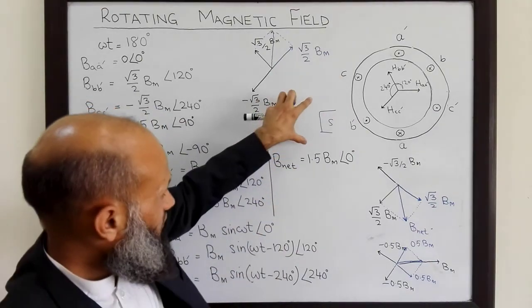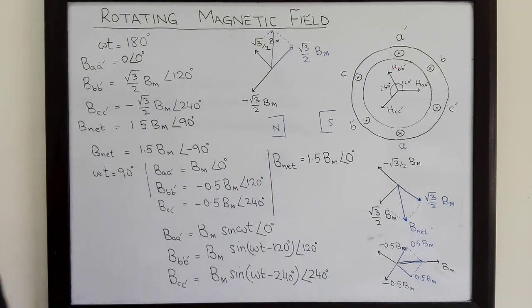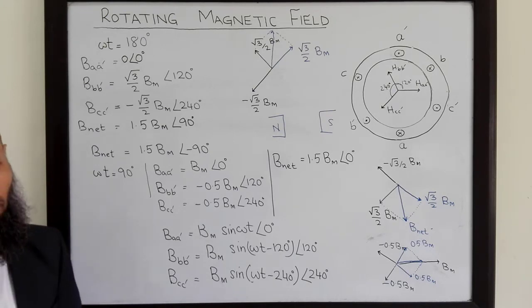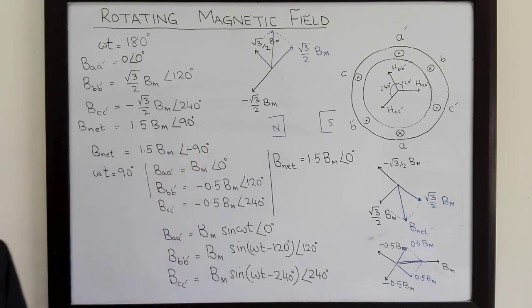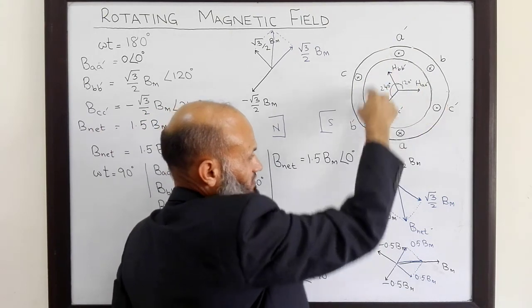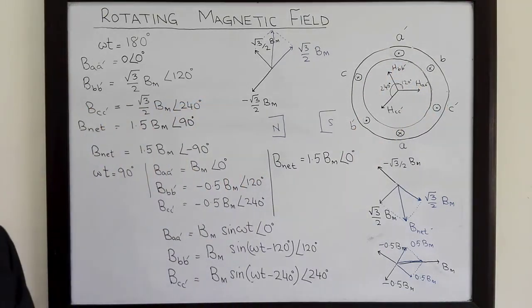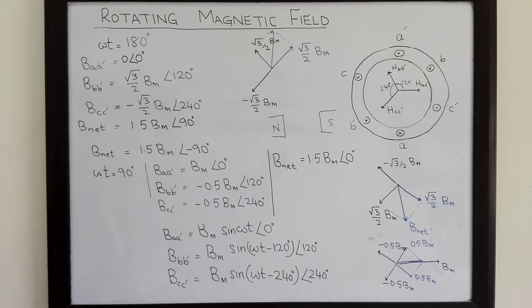The resultant effect of this arrangement is the same as this one. So in the next lecture we shall use a more analytical approach to prove the same statement, that is, a set of three-phase currents supplied to these three-phase windings generates a rotating magnetic field with uniform magnitude.